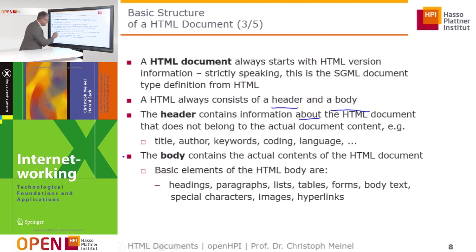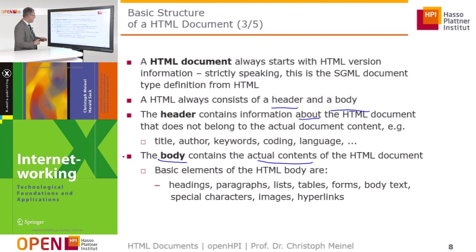And the second, of course very important part of the document is the so-called body. The HTML document body contains the actual content of the HTML document. Basic elements of the HTML body, which describe the structure of the content, are headings, paragraphs, lists, tables, forms, body text, special characteristics, images, hyperlinks.